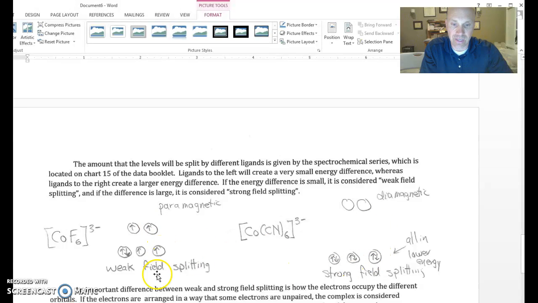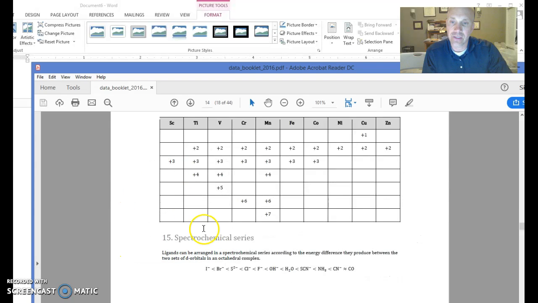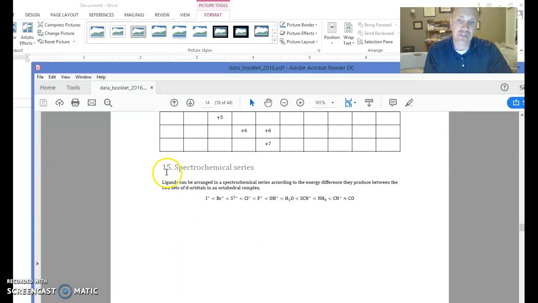If you wanted to figure out whether a particular ligand would end up creating weak field splitting or strong field splitting, one thing you can do to predict that is to use the spectrochemical series, which is located in your data booklet in chart 15.